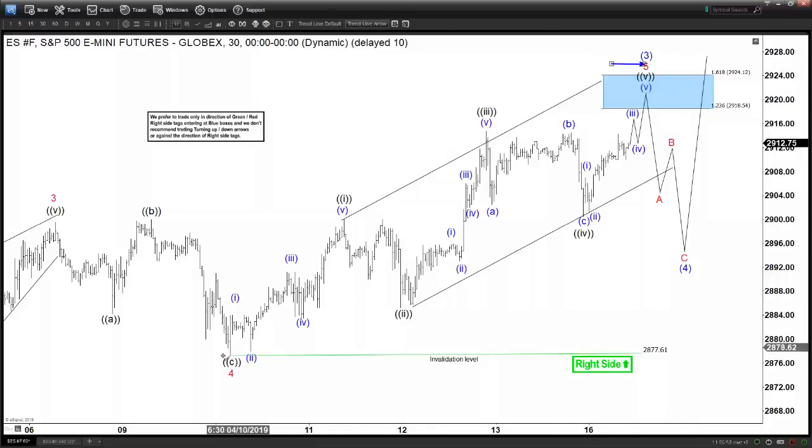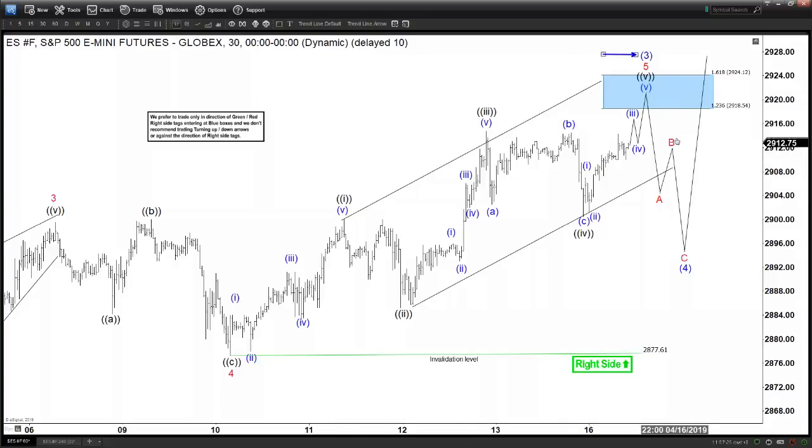As you can see here, it subdivides nicely into another 5 waves of the lesser degree, 1, 2, 3, 4, and now we are looking to finish this with 5. Once that wave 5 is completed, that should end the wave 5 in the red degree, and that will also end wave 3 in blue, which is the higher degree cycle.